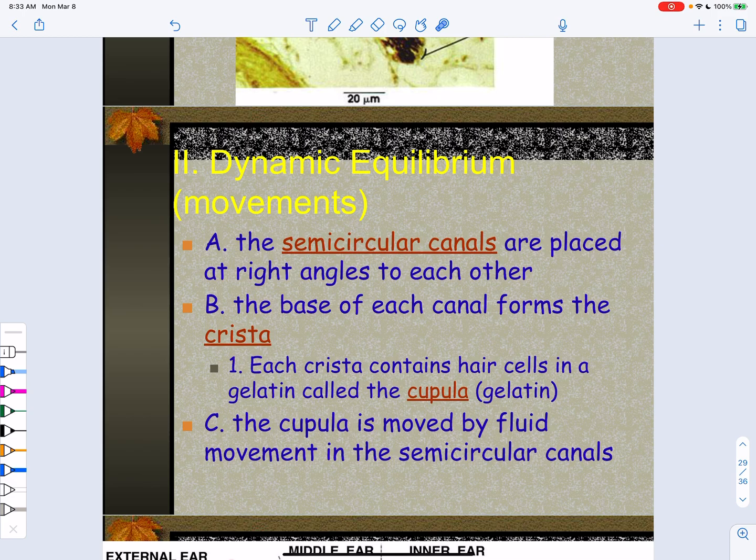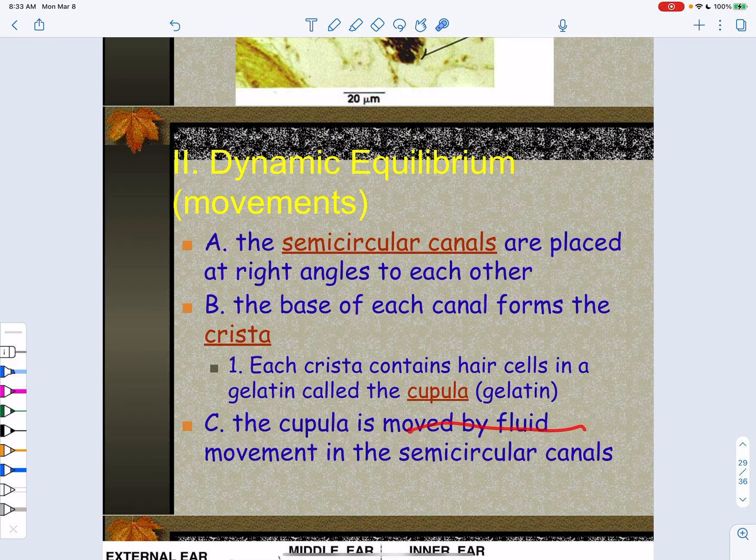Jell-O would be considered a solid. But if you put Jell-O into a glass, it would take on the shape of the glass. So it's really controversial whether Jell-O is a solid or not. But I hope that you understand my point, okay? It's soft, but it does have some stability to it, all right?